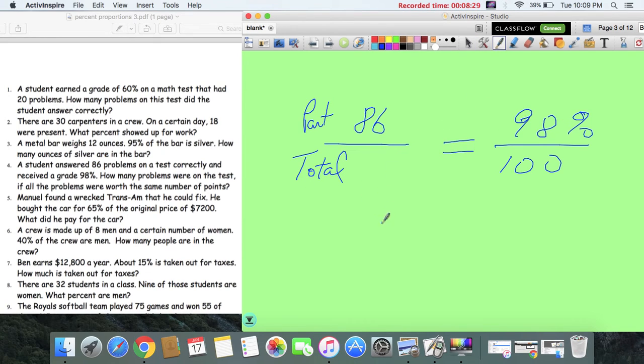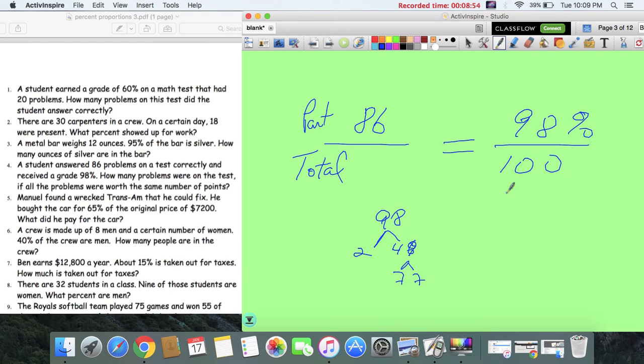Give me a second, guys. Let me do this. 98 divided by 2 is 49, and 49 is 7 times 7. So if I divide 98 by 14, I get 7. But 86 divided by 7, that's not going to work.